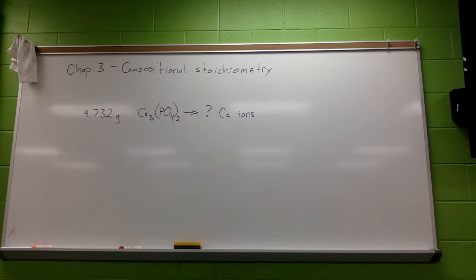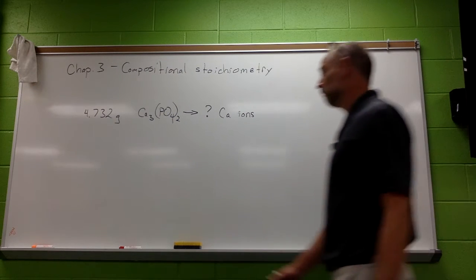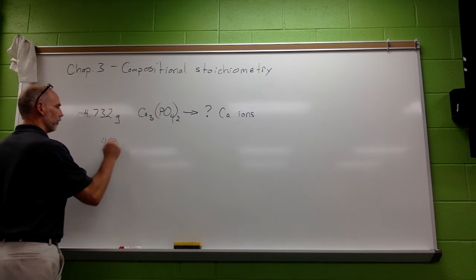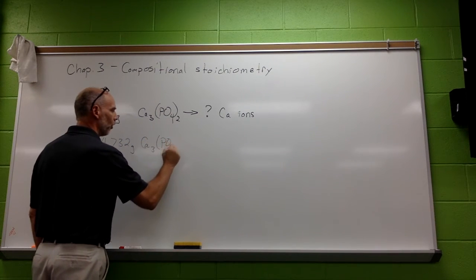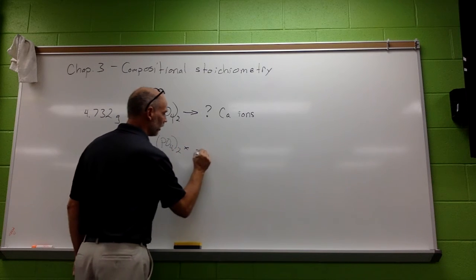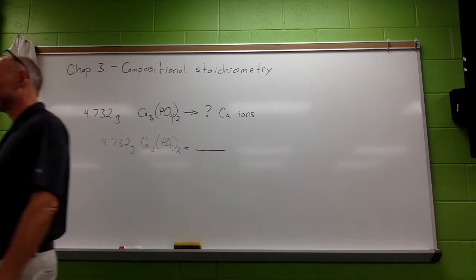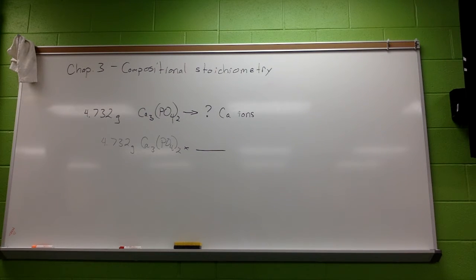How are we going to do this? I'll have you guys offer up some suggestions. Okay. I like that. So we're going to convert the 4.732 grams of calcium phosphate to moles, which is exactly what we just got done doing in the previous question. It was just a different substance. We're going to get there. Does anyone have the formula mass?